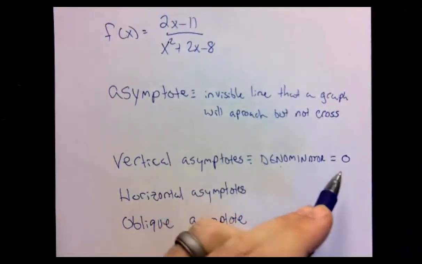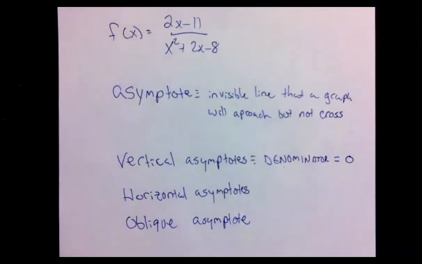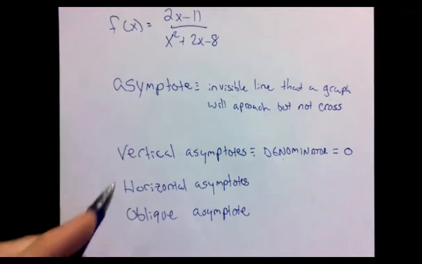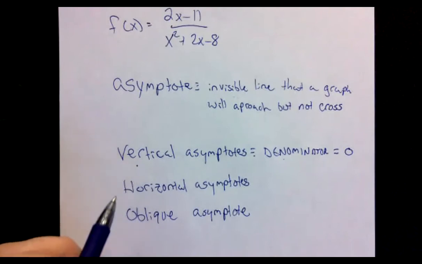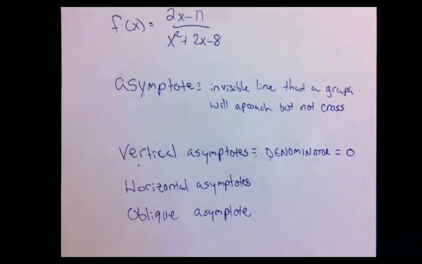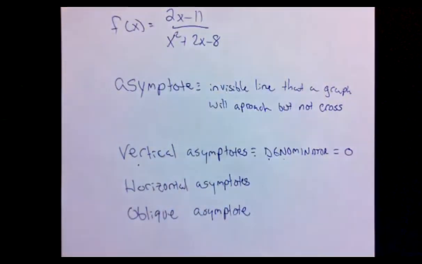So those exact same numbers we were eliminating in the domain is where your vertical asymptotes occur. So whatever causes the bottom to be 0 is going to give you a vertical asymptote.